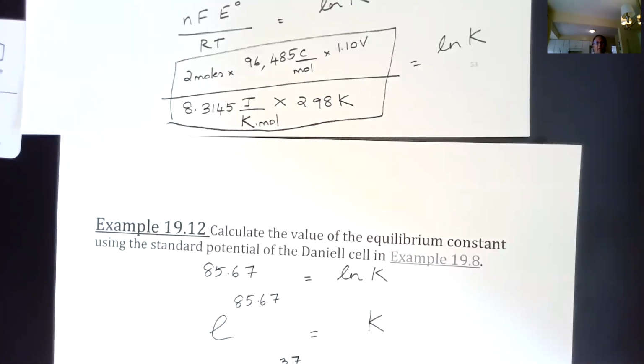We tied everything together. So as long as you know how to identify the cathode and the anode correctly, and then of course the balancing in that acidic solution, those are the ones that could be a little tricky, but practice is needed.